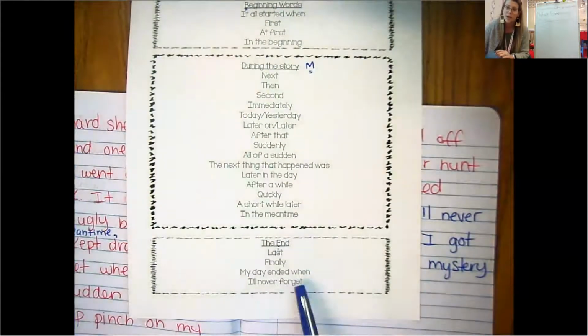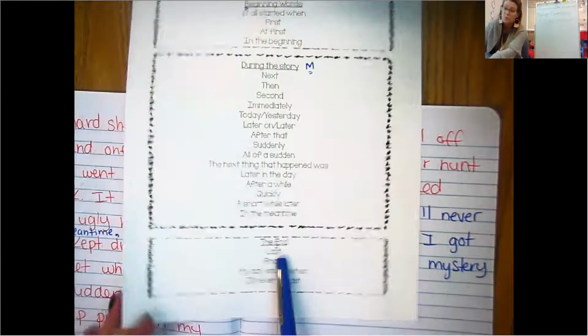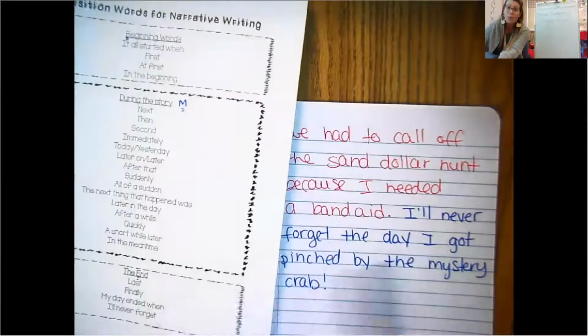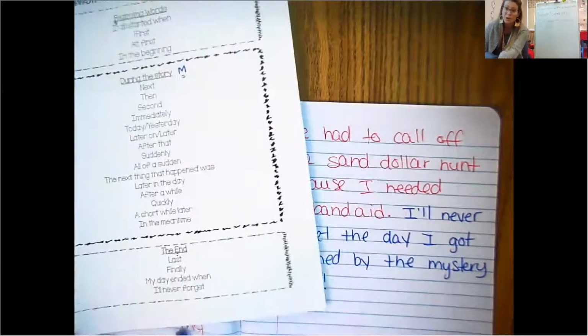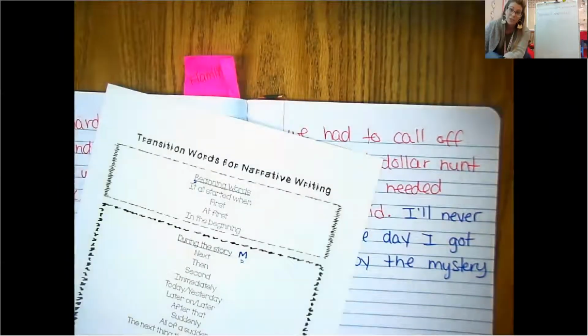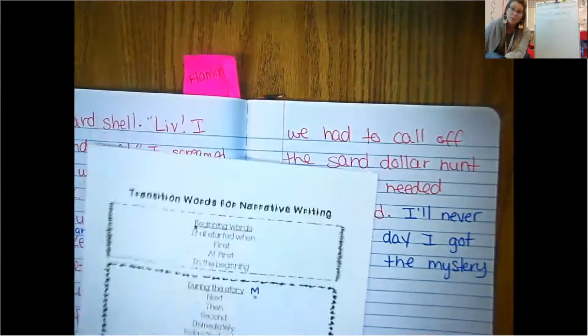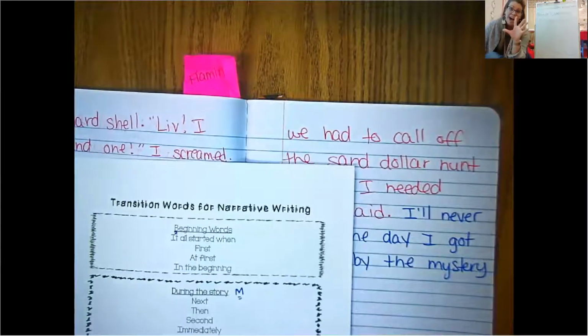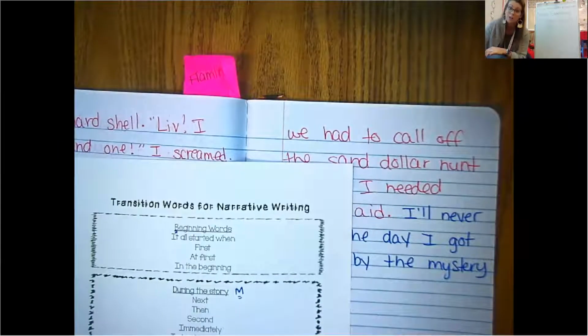And then at the end, you should be able to find one that you can add in, or you might have to do what I did and add one whole new sentence with one. So again, it'll be on the directions, but you should be able to pick about 5 transition words in your writing. You don't need to do it in all of them, just that one piece that you want to share in our next author's chair.